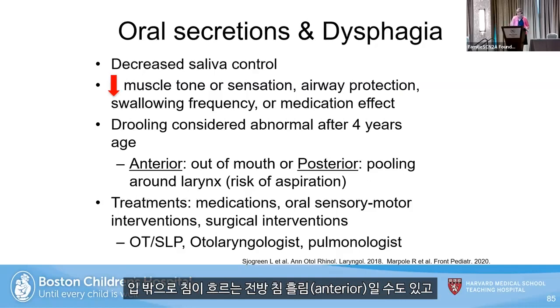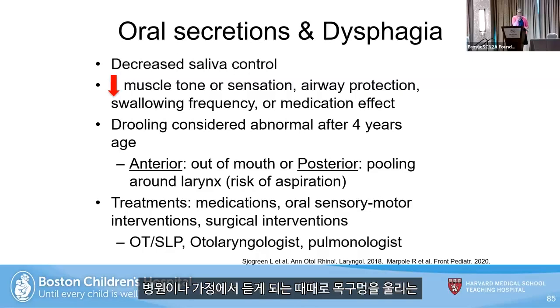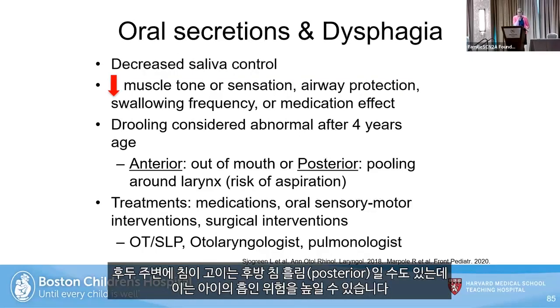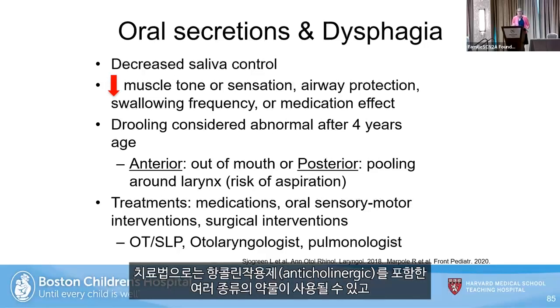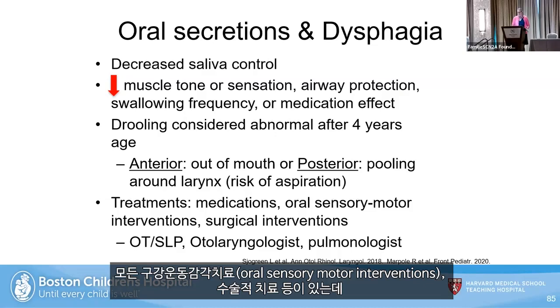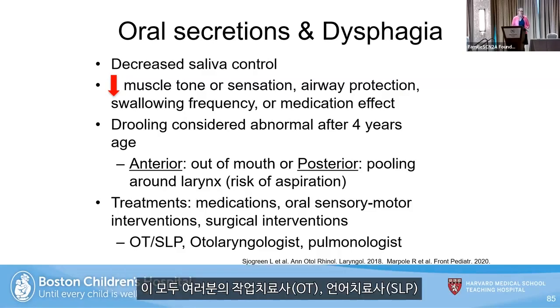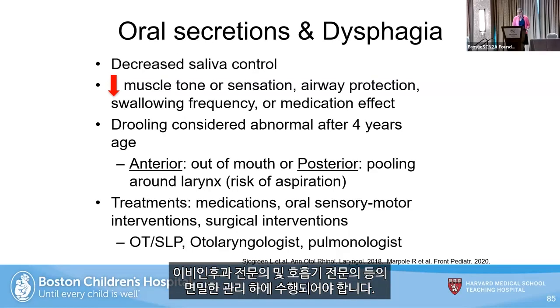So this can be drooling out of the front of the mouth, or it can be some of that gurgling that you hear in clinic or at home, which is that pooling around the larynx that can potentially increase their risk of aspiration. Treatments can include a variety of medications, such as anticholinergics, oral sensory motor interventions, and potentially surgical interventions. And these all, again, you want to do very closely with guidance by your local OTs, SLPs, otolaryngologists, and pulmonologists.